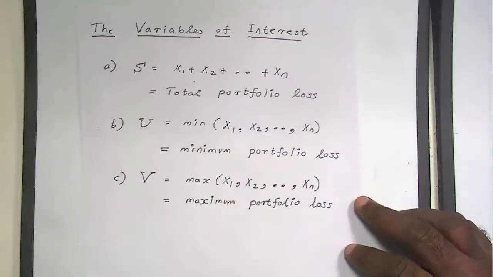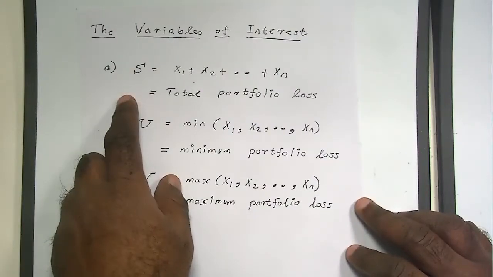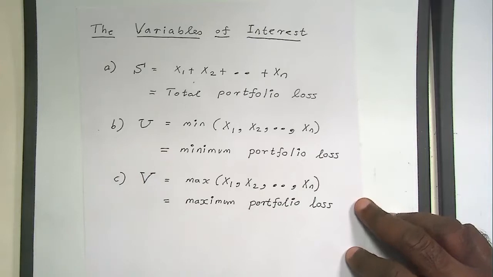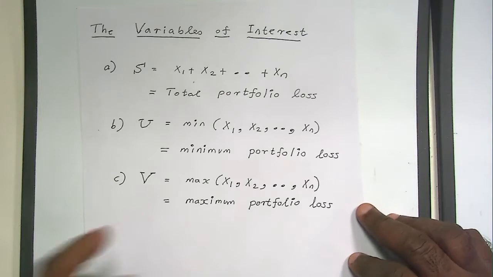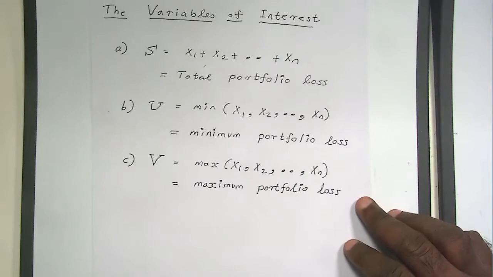And then I talked about 3 different variables that are of interest, A, B, and C. A is the total portfolio loss. B is the minimum portfolio loss, in other words, the investment that is least costly, or most profitable. And C is the maximum portfolio loss, in other words, the investment that is most costly or least profitable.